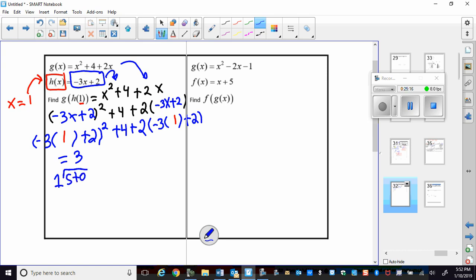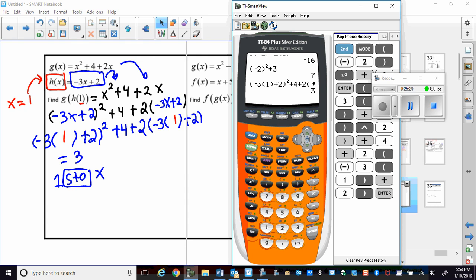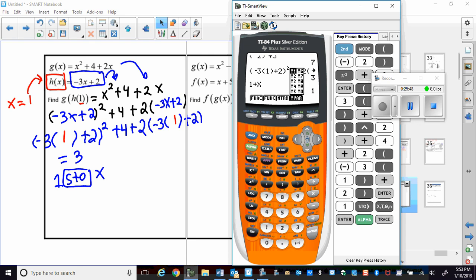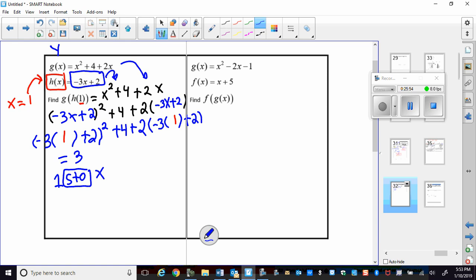Another way of doing that is pressing 1, store, X. Okay? So we're going to store 1 into X. So 1 store X, enter. And then you go to alpha trace. We're going to store these functions in. This is going to be y1.